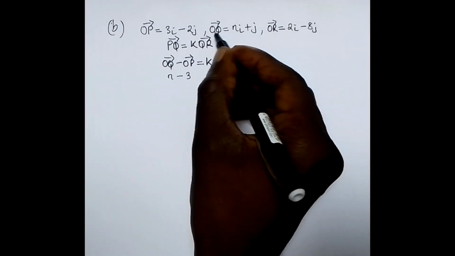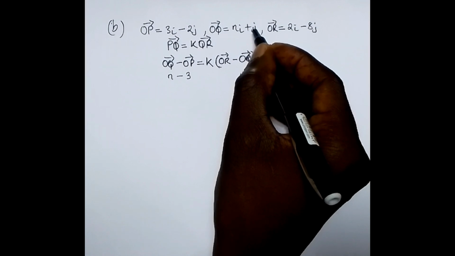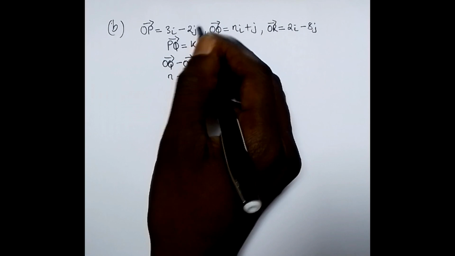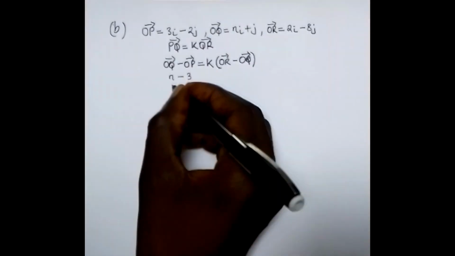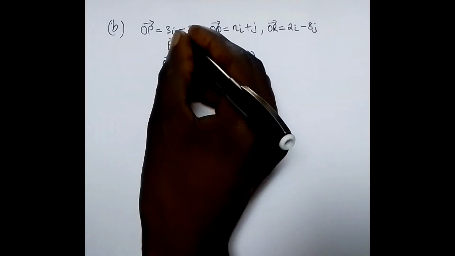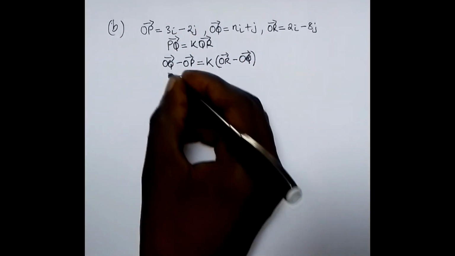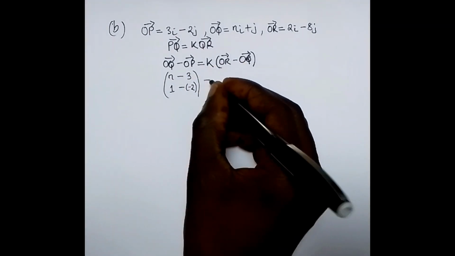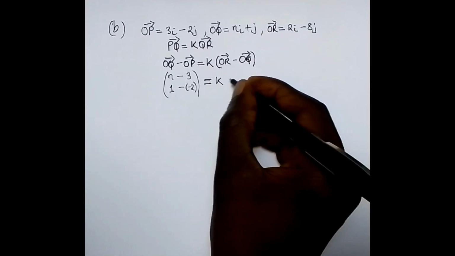Then OQ has y component 1, and OP y component is negative 2. So 1 subtract negative 2. All this equal to K, keep K.